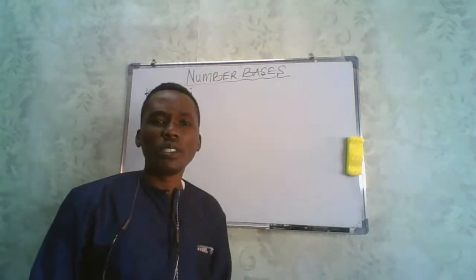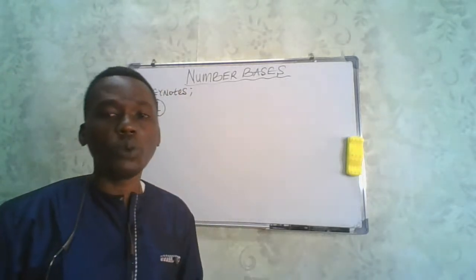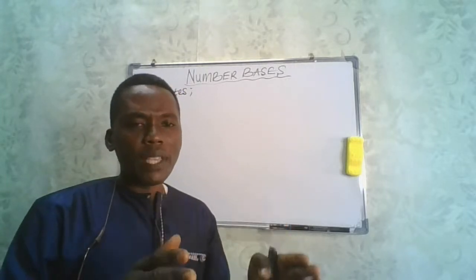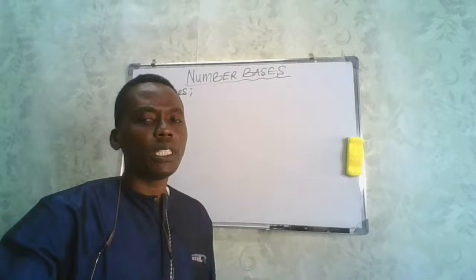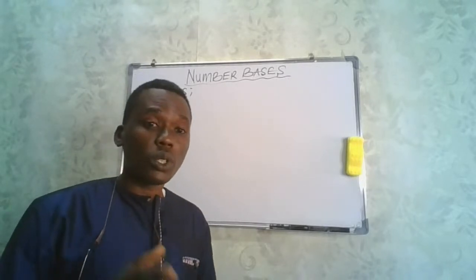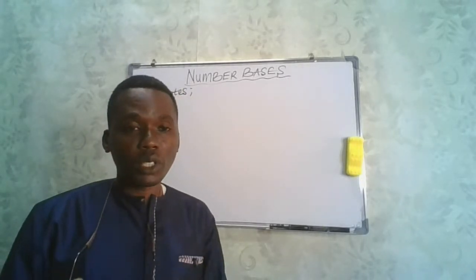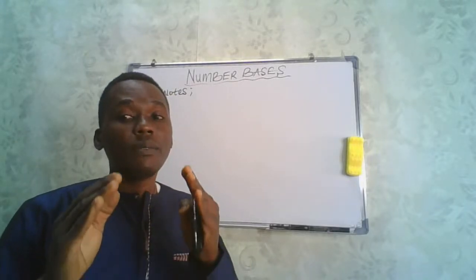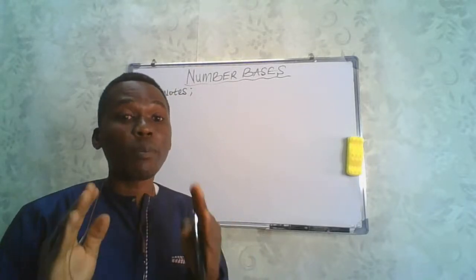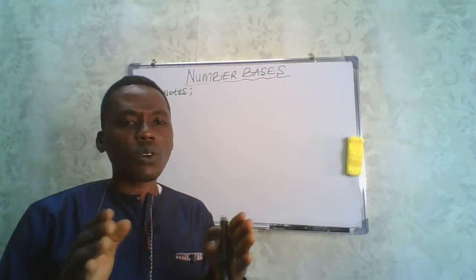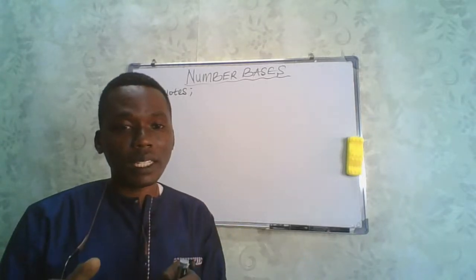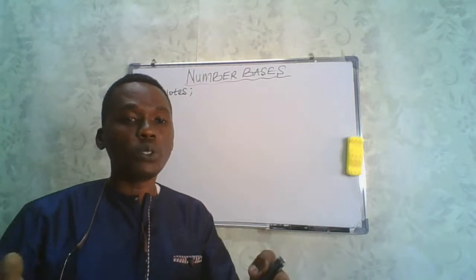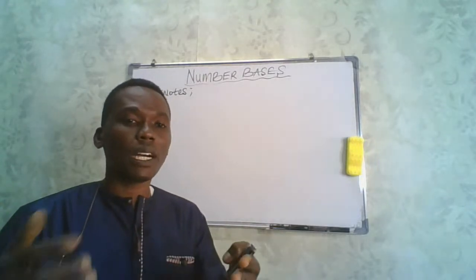In keynote 1, there is something you must definitely note: when you are performing basic operations, which are addition, subtraction, multiplication, and division in number bases, it is very advisable, because of time, that you convert all such numbers to base 10, which is the normal base we use for our day-to-day counting.